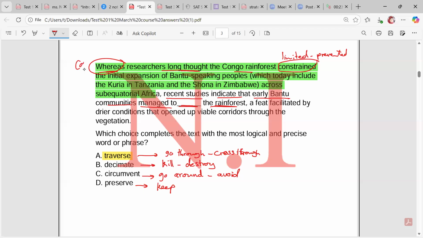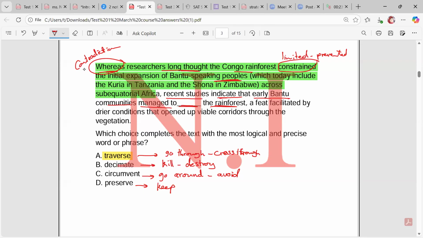So this is contradiction. So what is the opposite of prevented? Whereas they thought the rainforest limited or prevented the expansion of Bantu-speaking peoples. The rainforest prevented the peoples from expanding, from spreading.